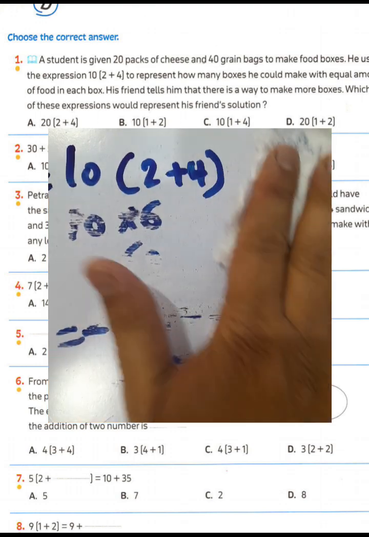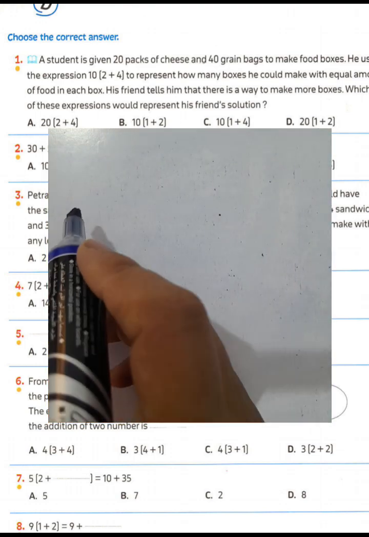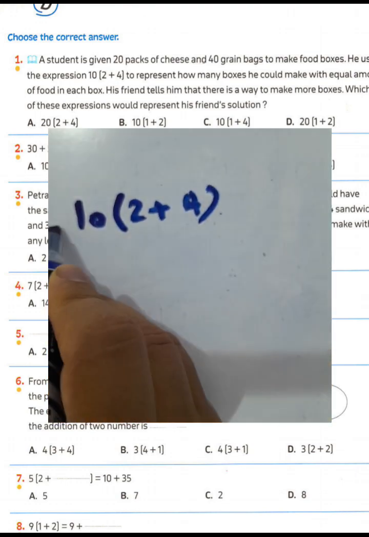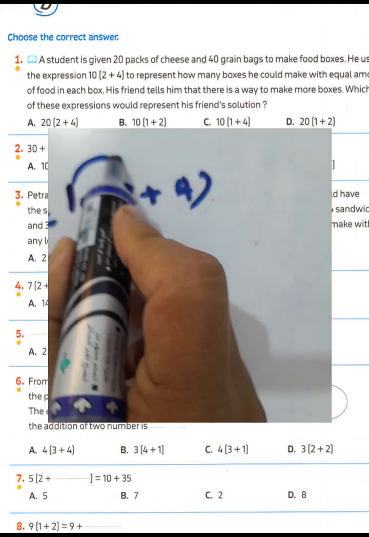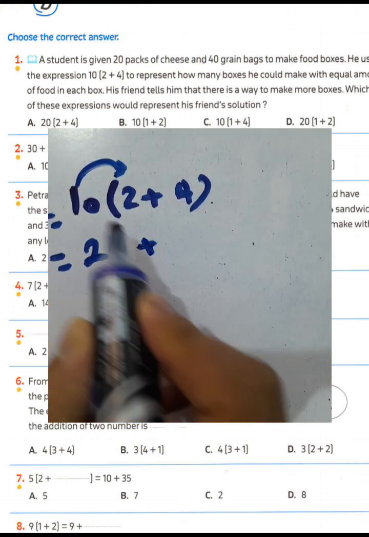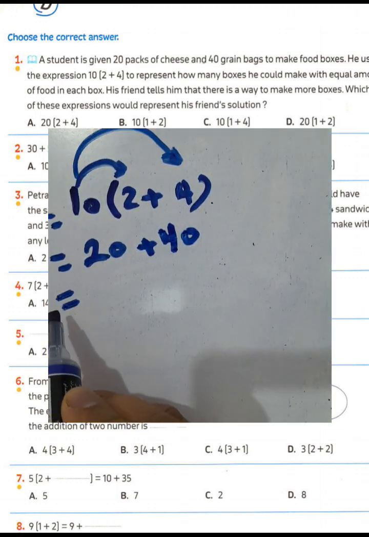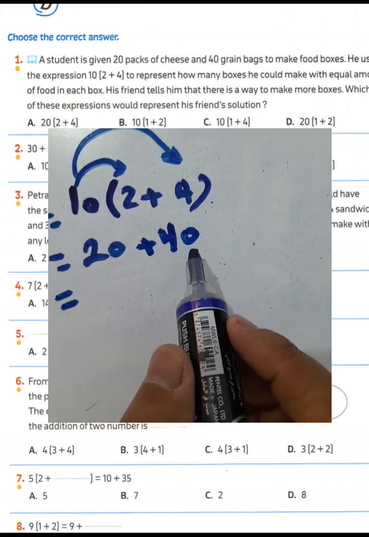Okay, I will solve this example by another method. Look at with me here. We know 10 multiplication (2 plus 4) equals what? We can use here the distributive property. 10 times 2 equals 20, and 10 times 4 equals 40. And then we can write the greatest common factor between 20 and 40.